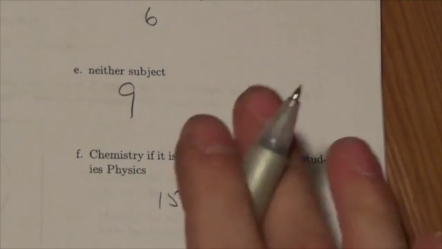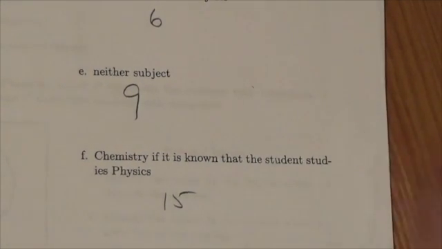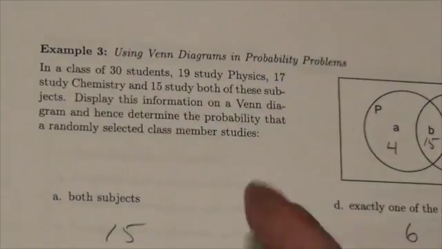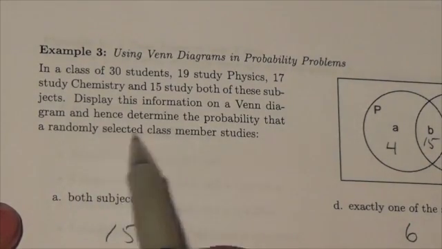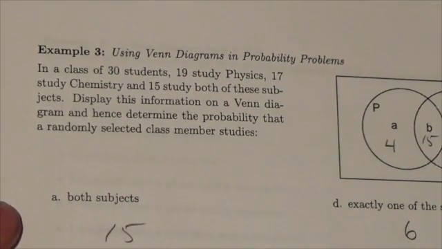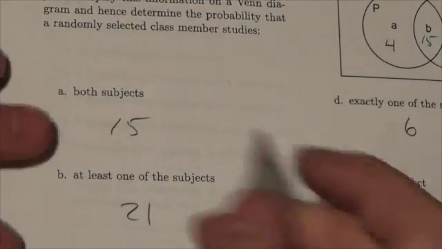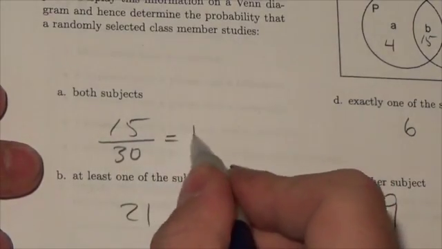Now, here's the error that I've made, and I hope somebody has caught it out there. Not in any of the math that I've done, but just looking at the question. It says, determine the probability that a randomly selected class member. Oh, okay, well, probability. For most of these questions, that's going to be quite easy, because what I'm going to do is say that's out of 30.